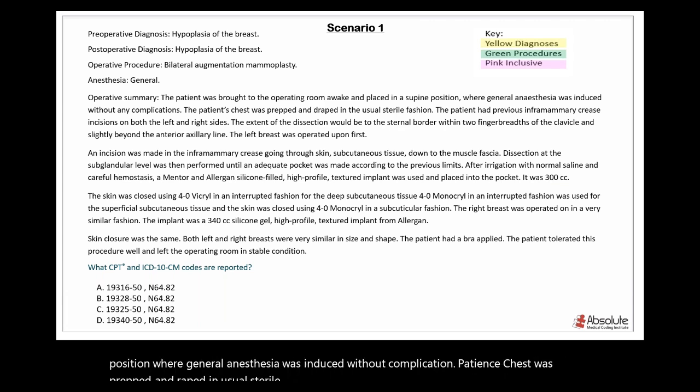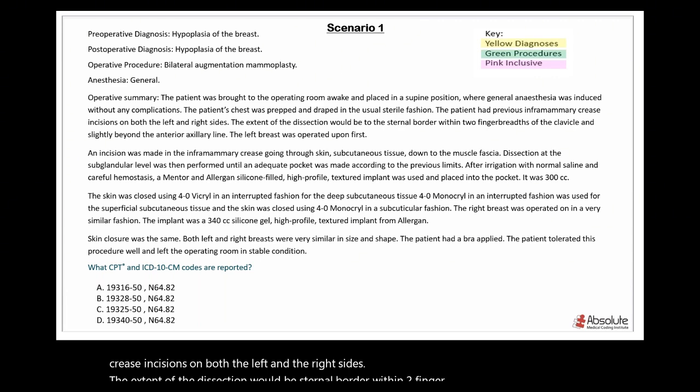The patient had previous inframammary crease incisions on both the left and the right sides. The extent of the dissection would be sternal border within 2 finger breadth of clavicle and slightly beyond the anterior axillary line. Left breast was opened first. An incision was made in the inframammary crease, going through the skin, subcutaneous tissue, down to the muscle fascia.